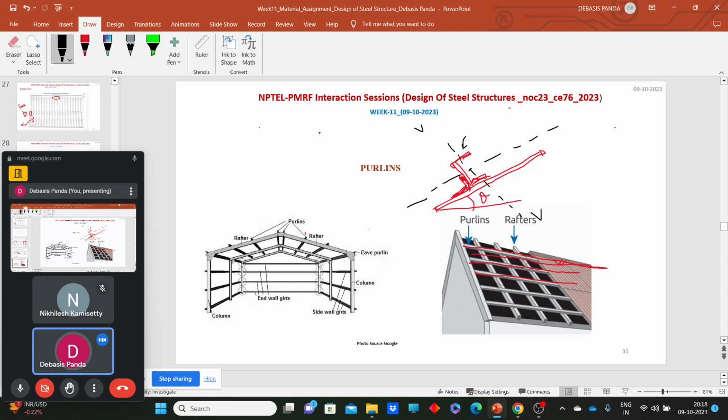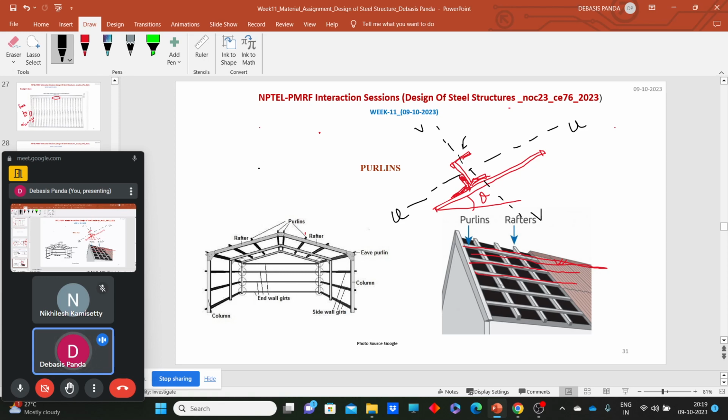So this is like VV. For now, consider the VV and UU axes, or else you can directly consider that the UU axis is nothing but the ZZ axis with respect to the rolled section we are using here. If we are using channel sections, they are placed like this, and other sections I will come to later.